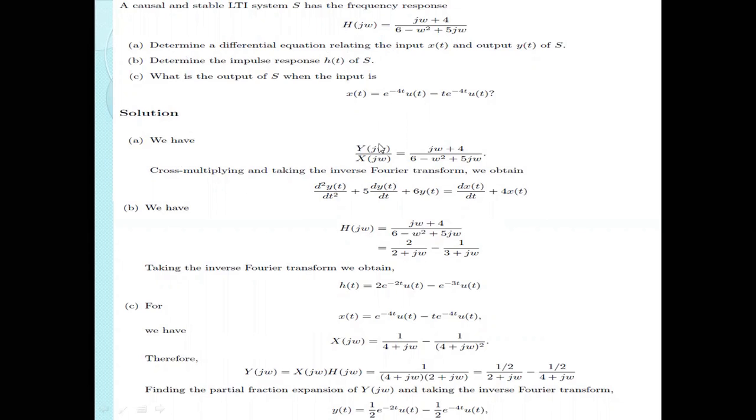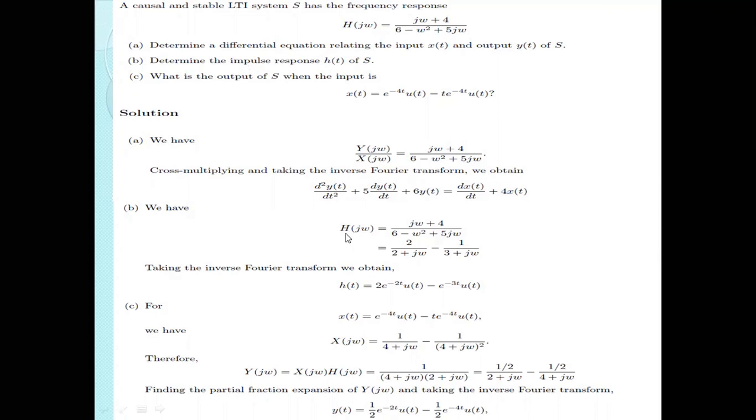Here, Y of omega by X of omega, multiply here: omega square into Y of omega means the second derivative of y of t, the first derivative, 5 into dy of t by dt, and 6 y of t, and X of omega into j omega means the derivative function, and 4 into X of omega is 4x.